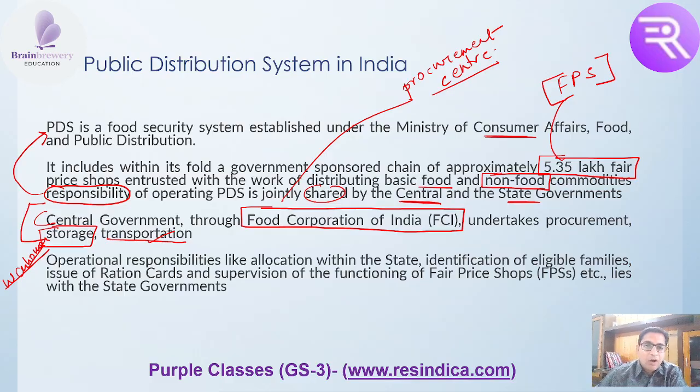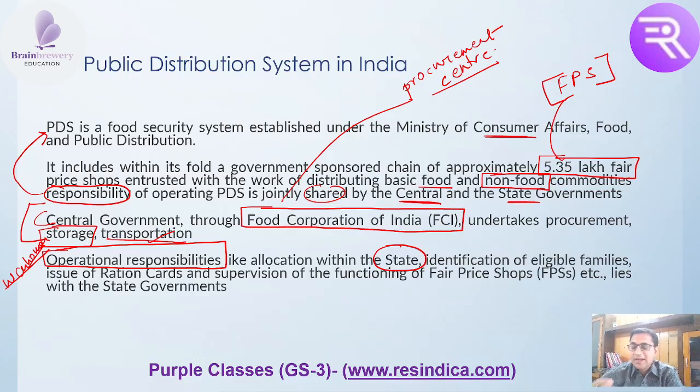Then come the operational things at the ground level, because normally the central government will not keep on distributing to the fair price shops. It is the role of the state government to properly transmit things from the FCI to the state warehouses, and the distribution within the state has to be taken up by the states.